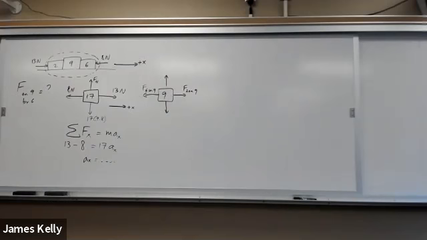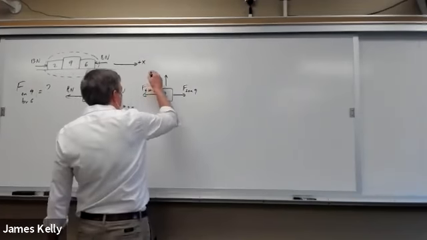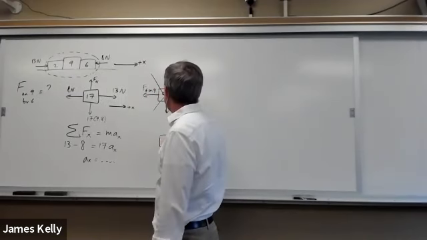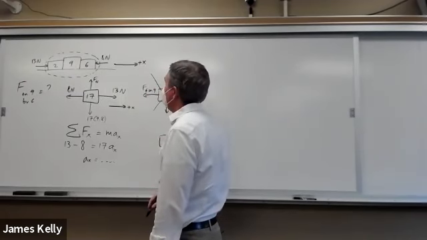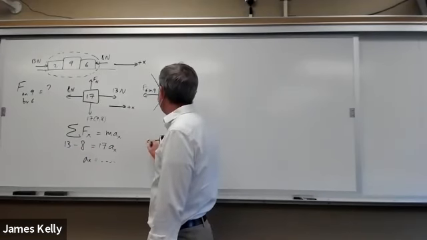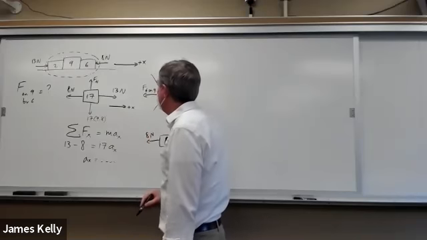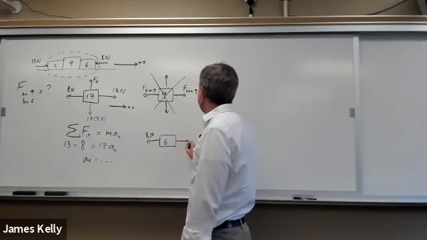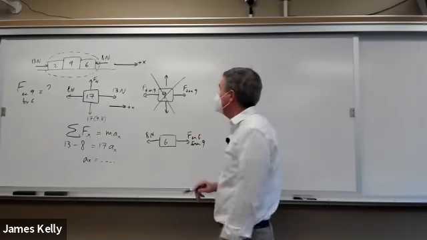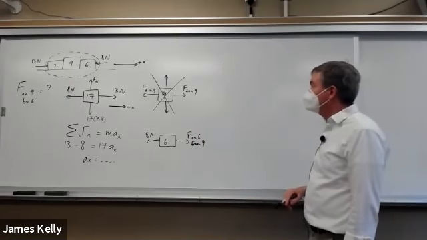Right? So what happens with the 6? There's nothing wrong with this, but I'm just going to change my mind here and go with the 6. If I go with the 6, what forces are pushing on it horizontally and vertically? Well, it's got an 8 Newton force pushing to the left. It's got a force on the 6 from the 9.